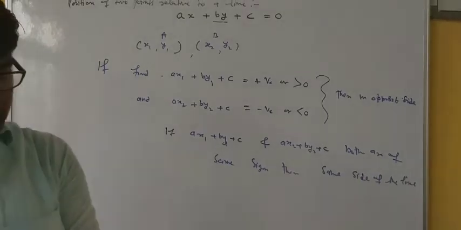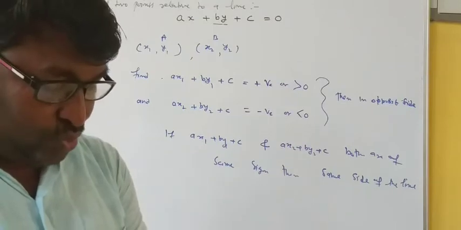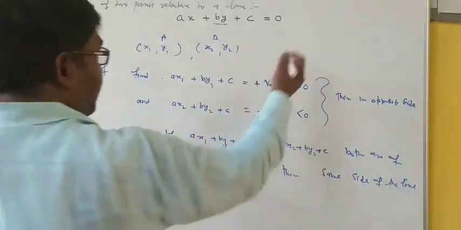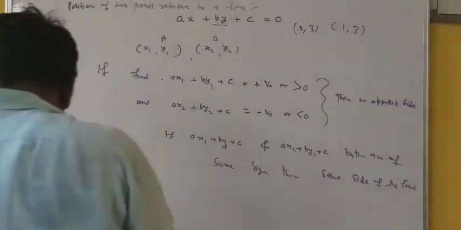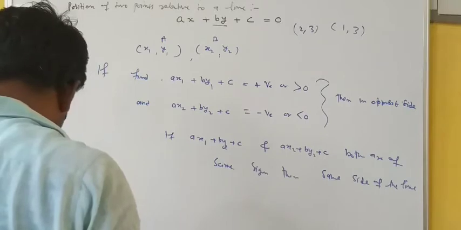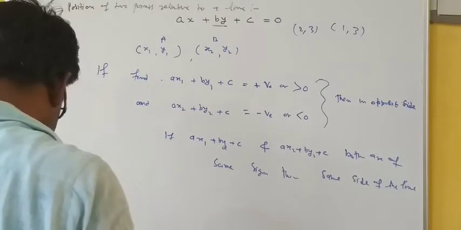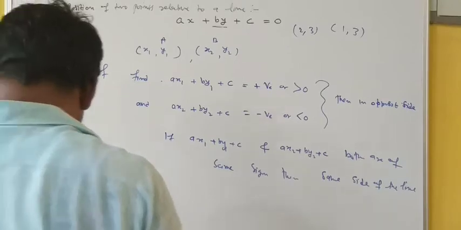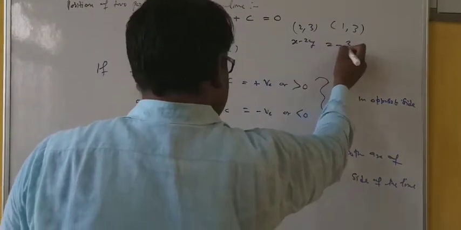Suppose you are given, you have to check whether the points 2, 3 and 1, 3 lie on the same side or on opposite sides of the line x minus 2y is equal to minus 3.